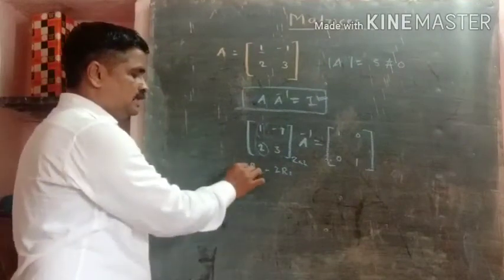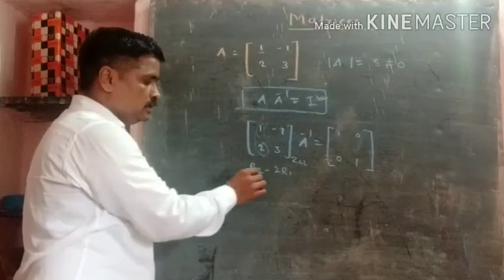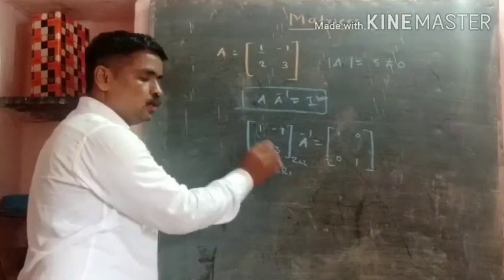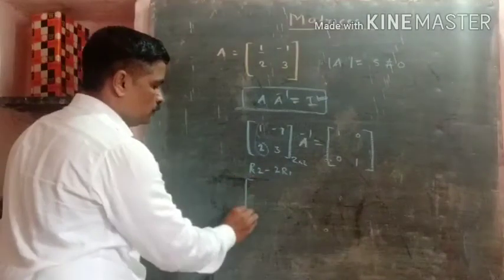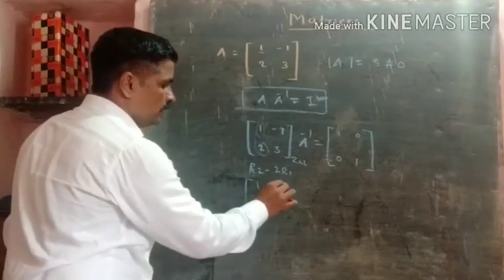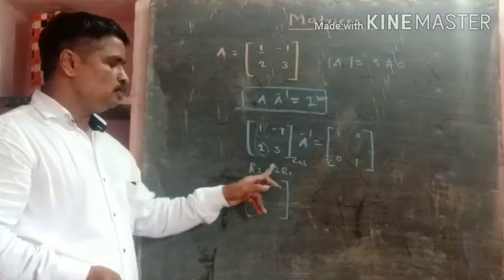The change is in R2, not in R1. Row 1 stays as it is, and R2 becomes R2 minus 2R1.